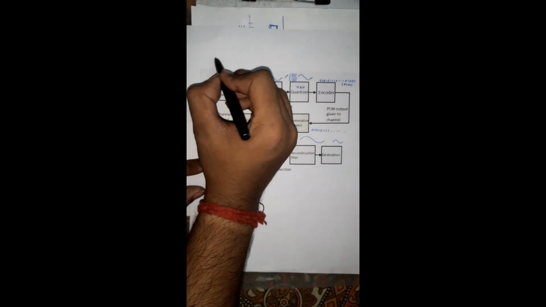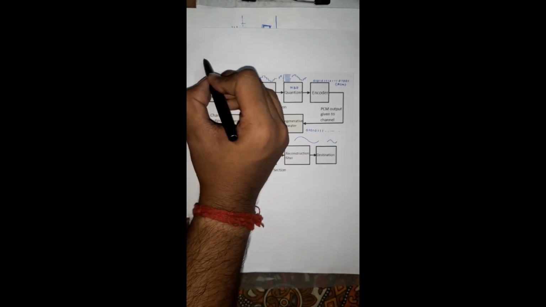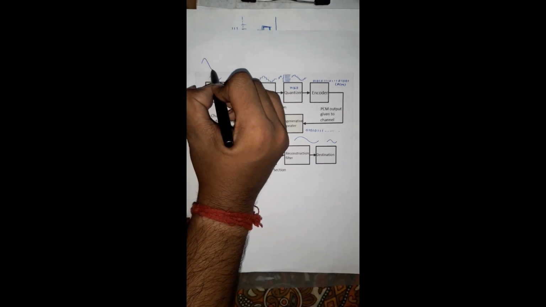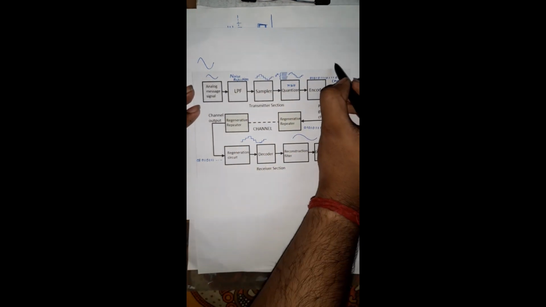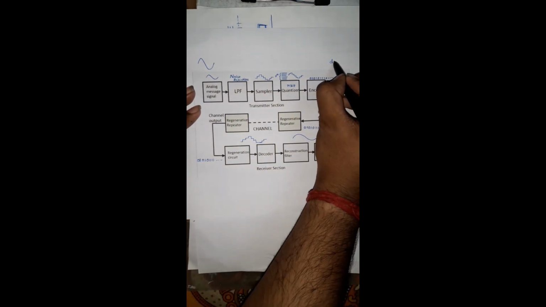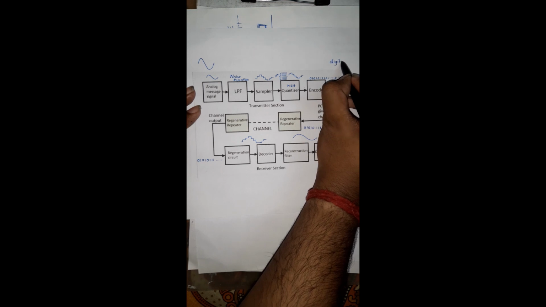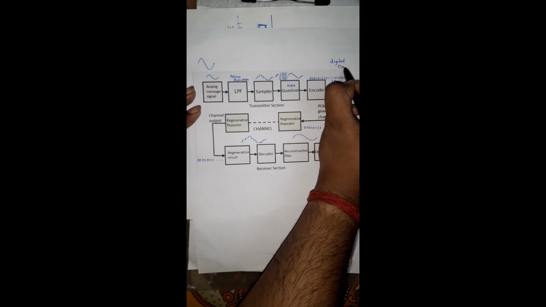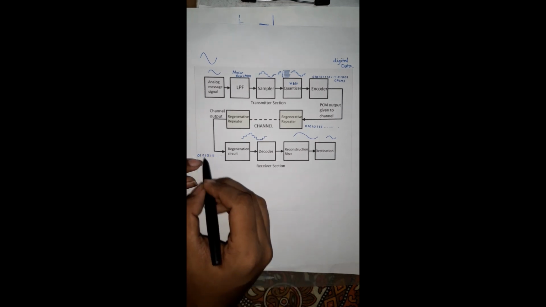And you can see the upper block, this portion is the transmitter section. Why is it called the transmitter? We are giving an input of a continuous time signal and the output is digital data, right? So it is called the transmitter. And this is called the receiver.